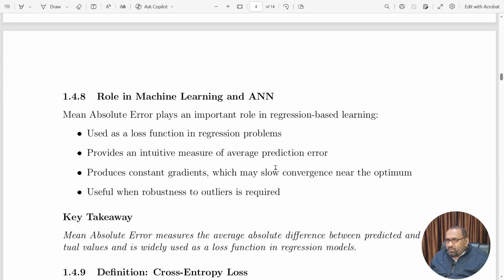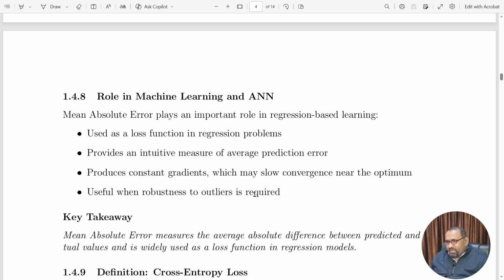Now, the role in machine learning and artificial neural networks: MAE plays an important role in regression-based learning, mainly used as a loss function in regression problems. It provides an intuitive measure of average prediction error, produces a constant gradient which may slow convergence near the optimum, and is useful when robustness to outliers is required.